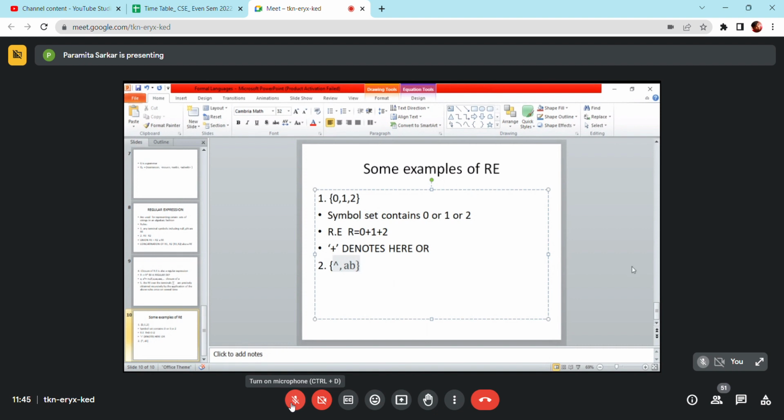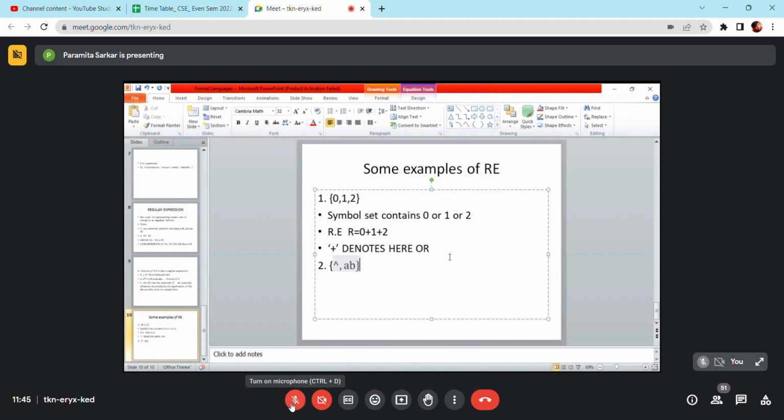In this example we have an empty symbol, so in the previous example you have seen that there was no empty symbol. Remember this: when we have no empty symbol, the only symbols belonging to the set are any one item, 0 or 1 or 2. But in this case there is an empty symbol, that is the null symbol.